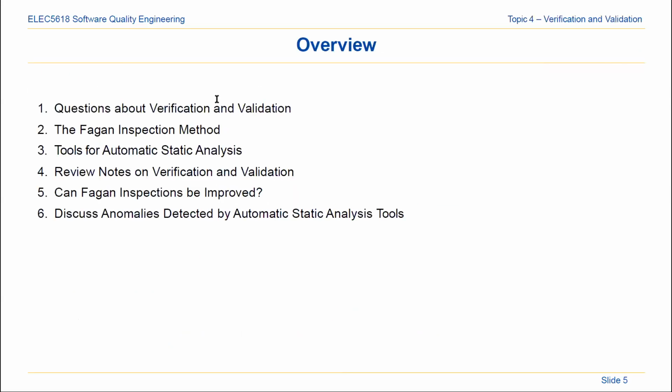The overview of this session includes the verification and validation process, the code inspection method, automatic static analysis tools, and then a review of some notes on verification and validation, and also a discussion of the automatic static analysis tools based on some anomalies.